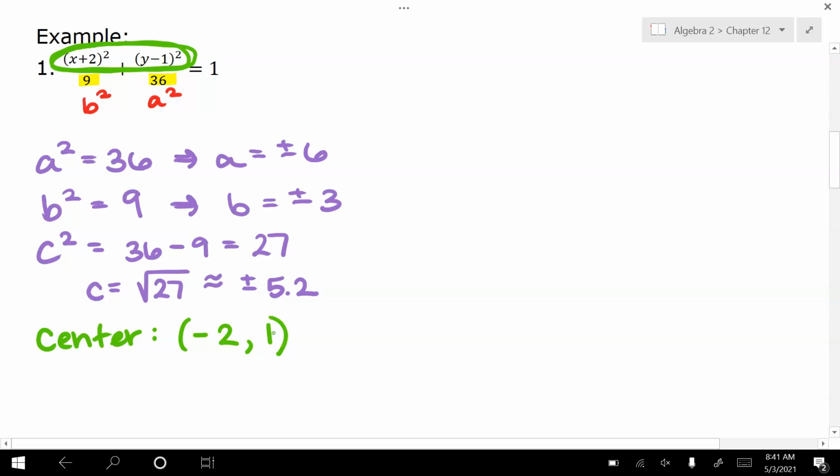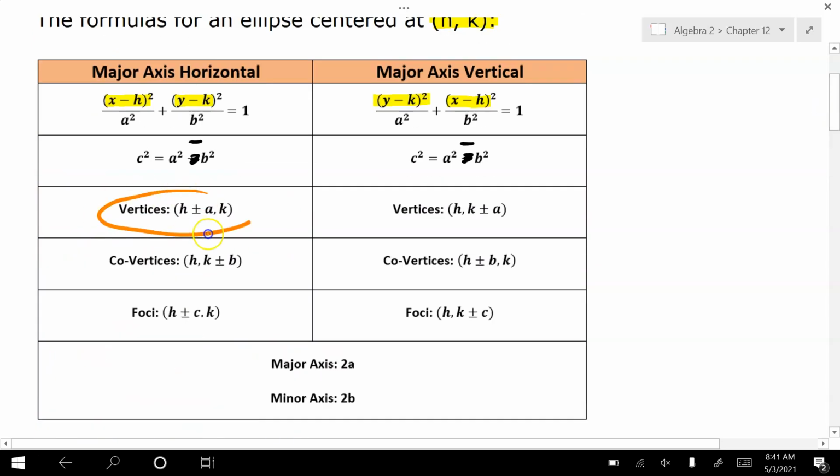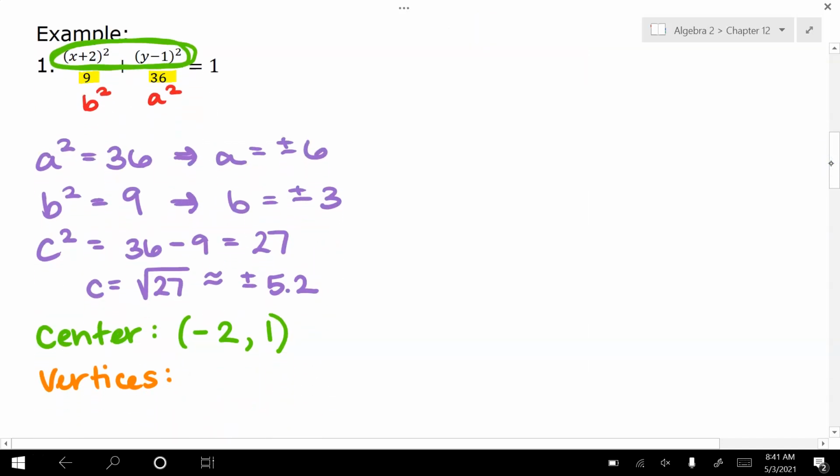Now, for my vertices, I'm using the left-hand side of my chart. So the vertices up above here says that we do our h from our center plus or minus the a, and then k. So coming down here, my h is that negative 2. We're going to do negative 2 plus or minus my a value, which was 6.